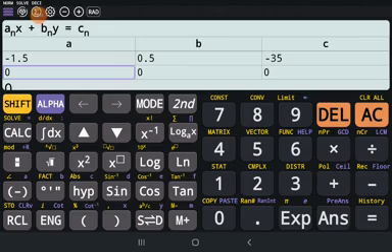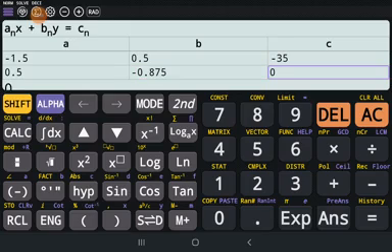Next is that we have our positive 1/2, and then negative 7 over 8, and our negative 5 halves.